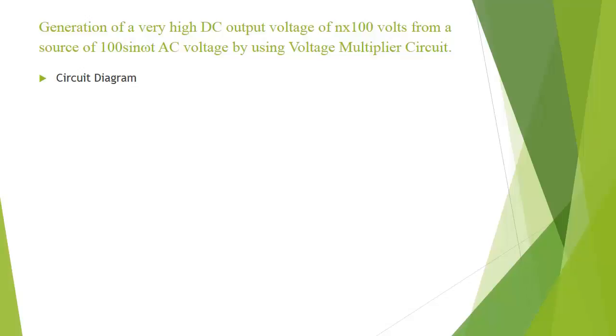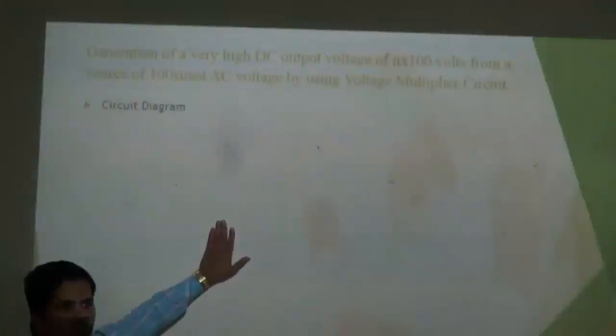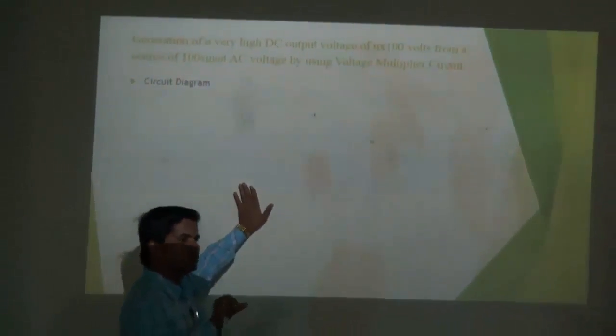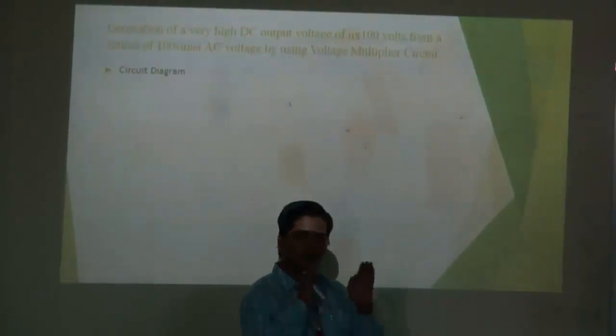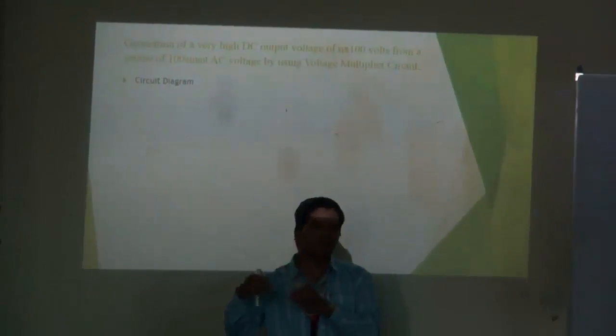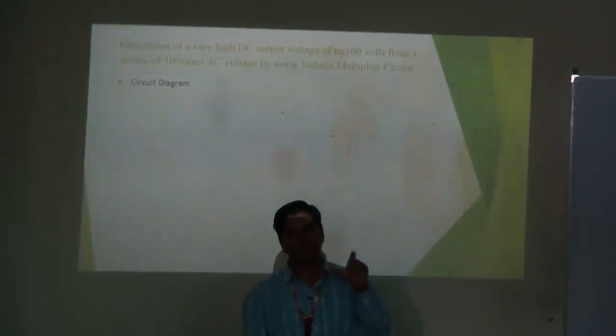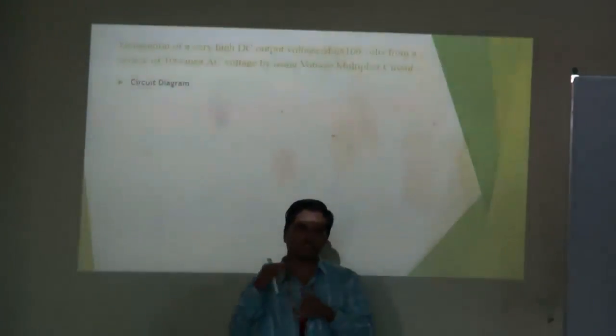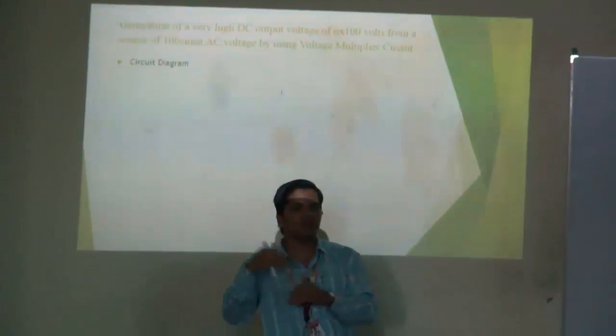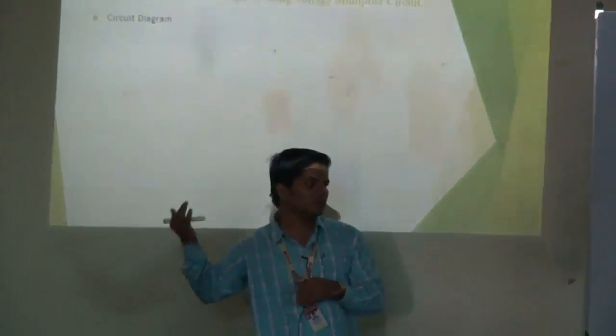Along with that, whatever DC you get will be an n multiple of that AC voltage. Here n is an integer, depending upon the number of stages you add to that voltage multiplier circuit. Depending upon your requirement, you will add the number of stages, so that finally you will get the same multiple of that particular AC input voltage.